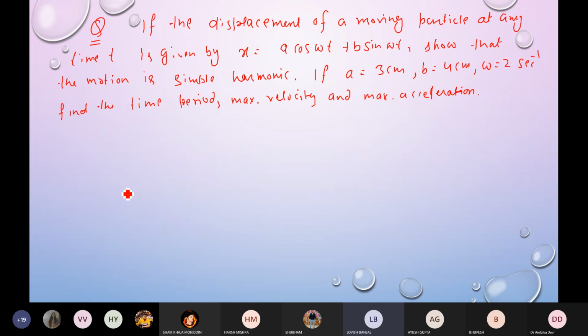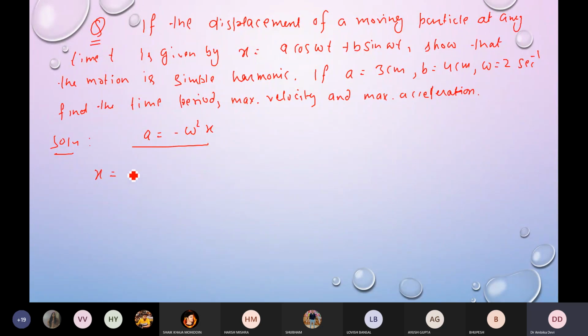So first you have to prove that this is a simple harmonic motion, right? So how will you prove it? You can prove it if you can show that acceleration is equal to minus omega square x. If you prove this, this means that this motion is simple harmonic in nature, right?